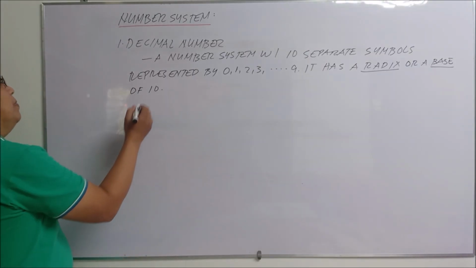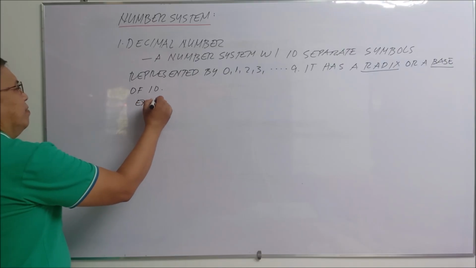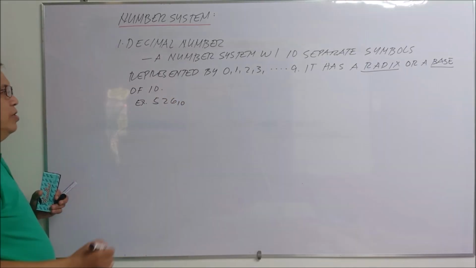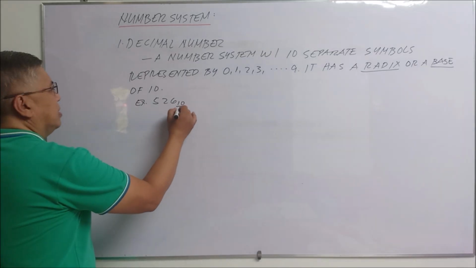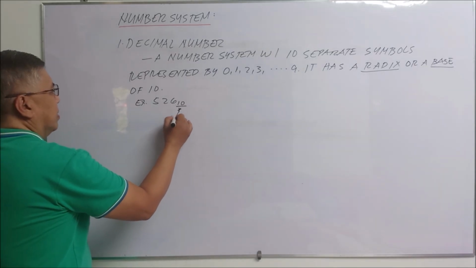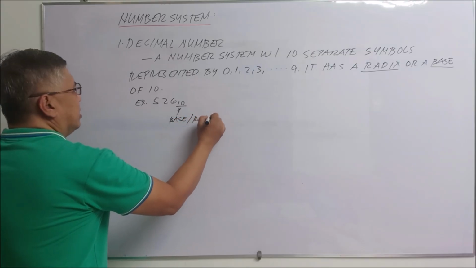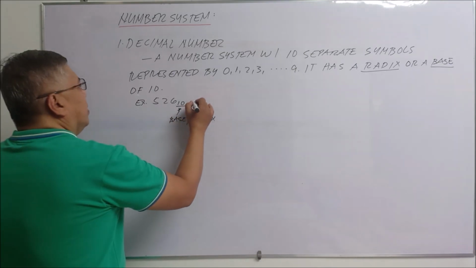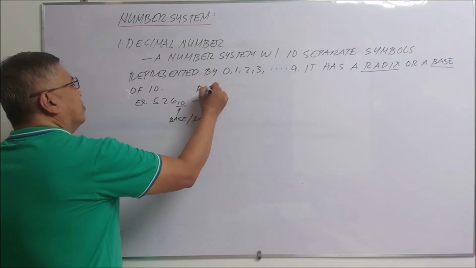So an example of a decimal number is 526 of base 10. So this one here is called the base or the radix.